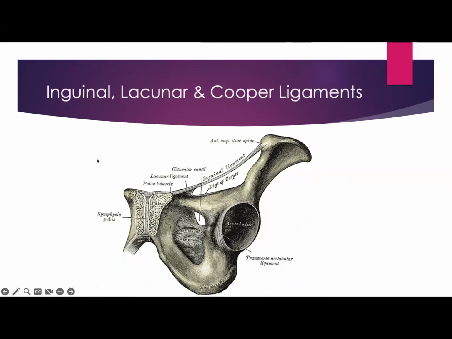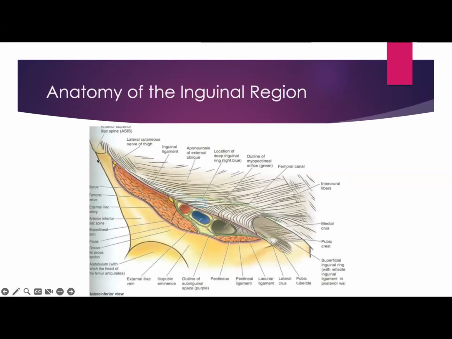Okay, so this is also another image of the same concept. And you can see over here, this is what we said. These are the femoral sheath, and along with the femoral sheath, we have different compartments. The innermost is the femoral canal, and as you can see over here, the lacunar ligament forms the medial border of the femoral canal.